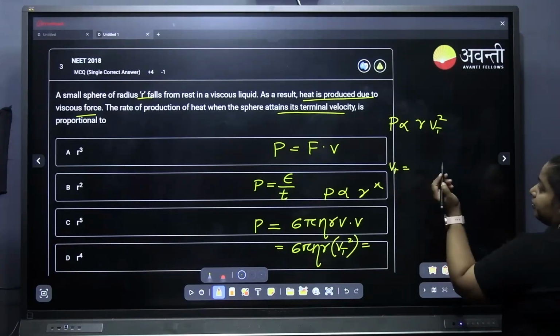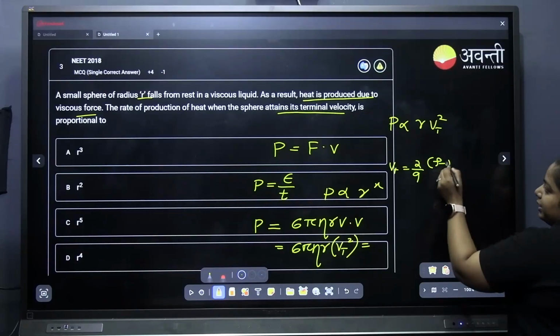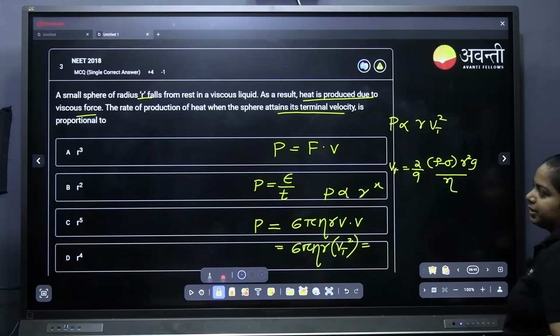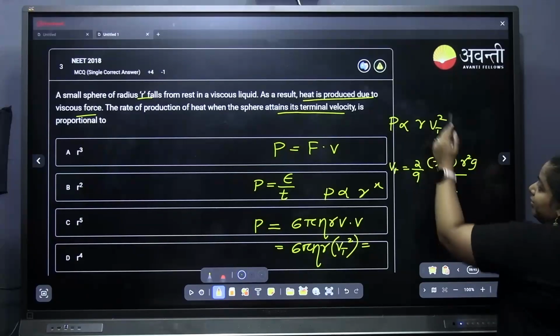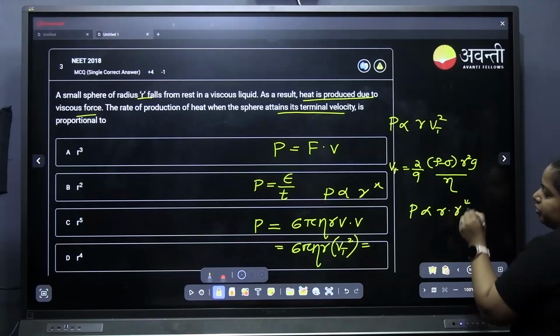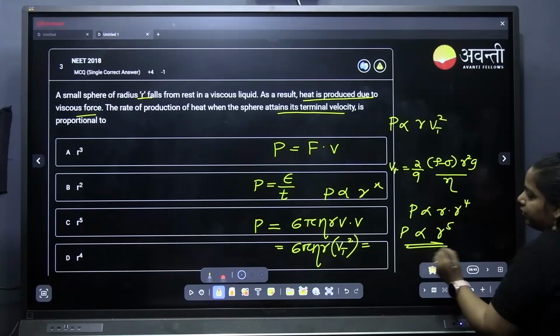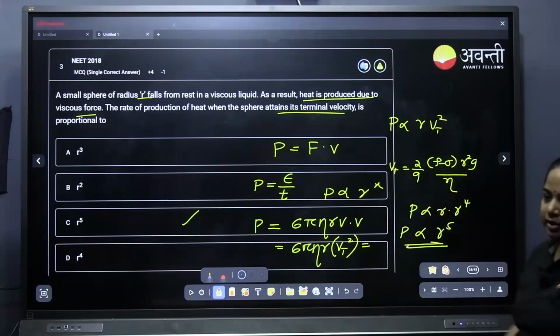Vt equals 2 by 9 into (rho minus sigma) r squared g by eta. This is the equation for terminal velocity. Terminal velocity squared means P will be proportional to r into r to the power 4, so proportional to r to the power 5. Answer is option C. I hope there is no doubt in this. Is this clear?